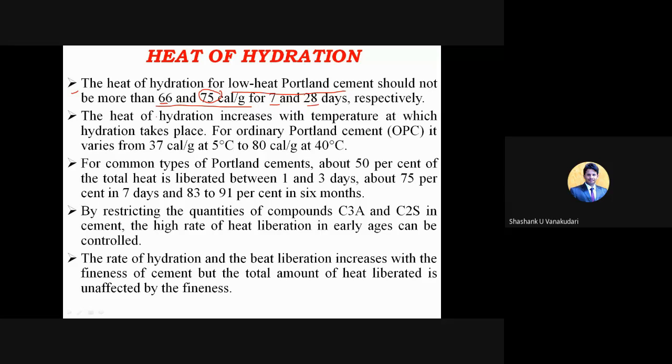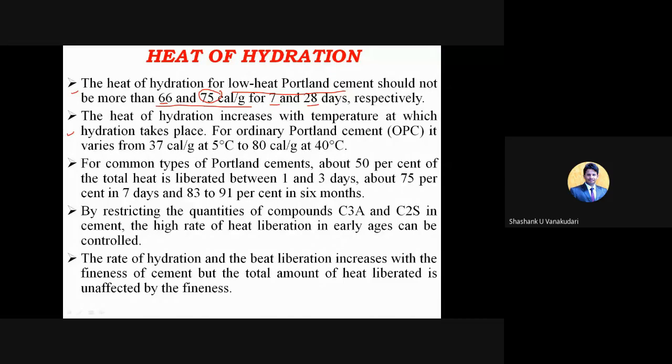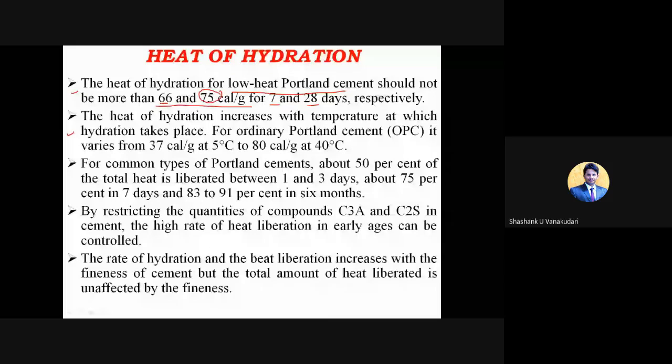The heat of hydration increases with the temperature at which the hydration takes place. For example, you mix a particular cement and water at one place where the temperature is high, around 40 degrees Celsius, and at another place you mix the same cement and water at 20 degrees Celsius.